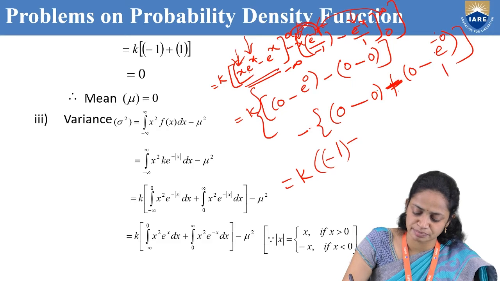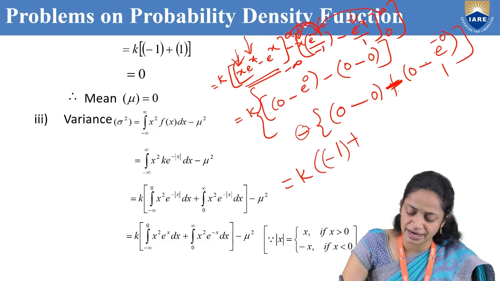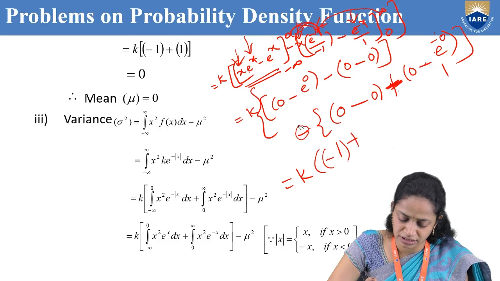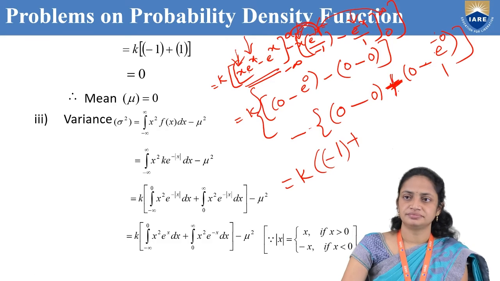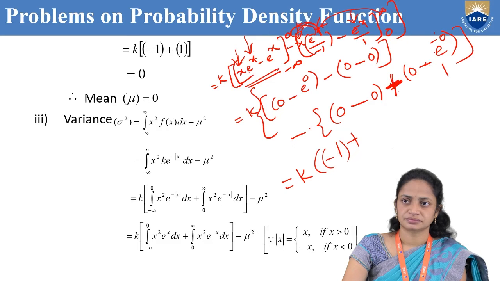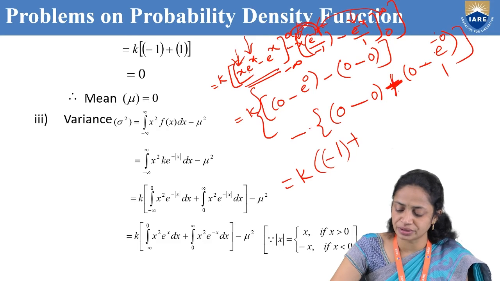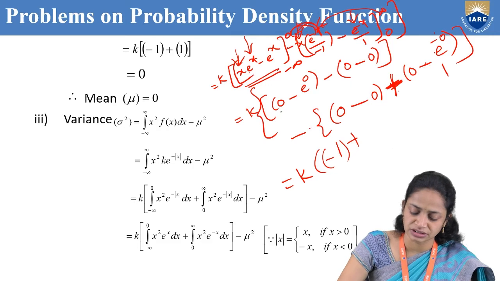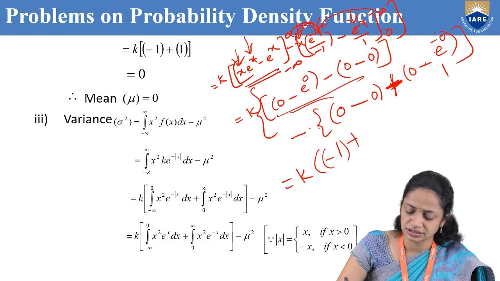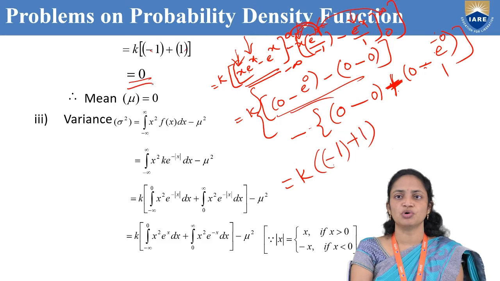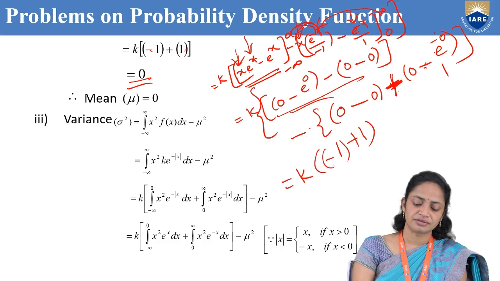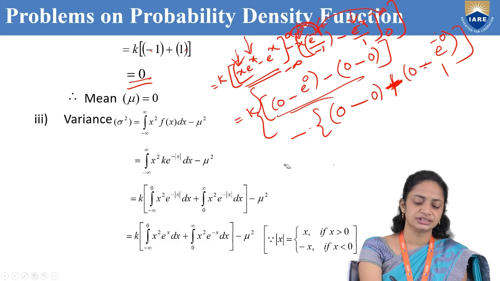So now I am simplifying this one. So this is minus 1 and this is minus into minus plus 1. So minus 1 plus 1 is 0. Therefore the mean of the distribution is 0.